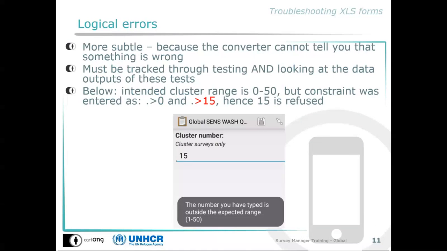Now, more logical errors. They are a bit more subtle because the converter cannot tell you that something is wrong. So you need to really test the form through, and it's very important to also look at the data output of these tests, because quite often you might not pick it up through the test itself, and it's only when you look at the data that you realize, oops, there is something that wasn't supposed to be like this.